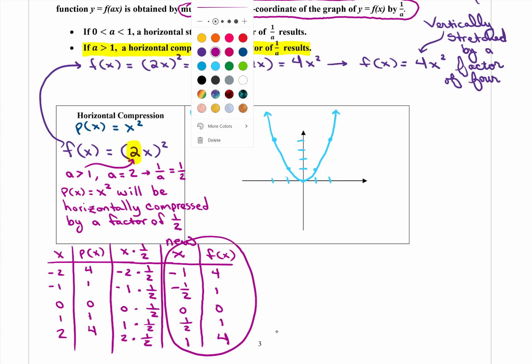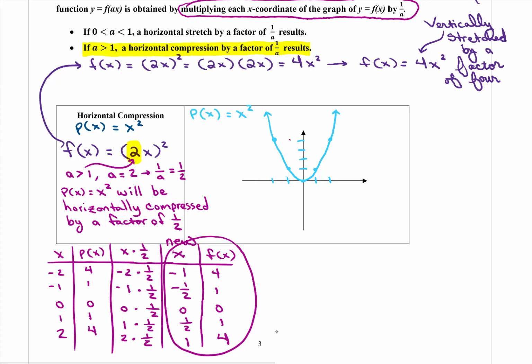There is our lovely parent function. Let's use a different color for our f of x function, our function that is being transformed. So we've got -1, 4, we've got -1/2, 1, 0, 0, 1/2, 1, and 1, 4.